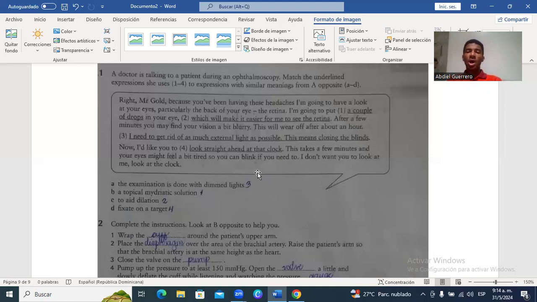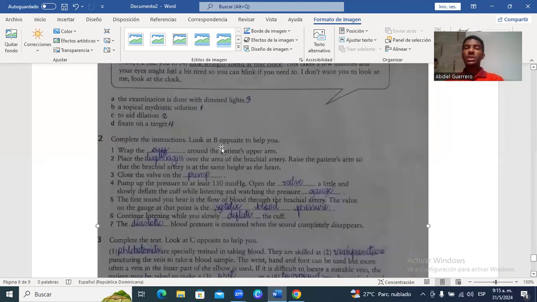This will wear off after about an hour. I need to get rid of as much external light as possible. This means closing the blinds. Now, I would like you to look straight ahead at that clock. This takes a few minutes and your eyes might feel a bit tired, so you can blink if you need to. I don't want you to look away from the clock.